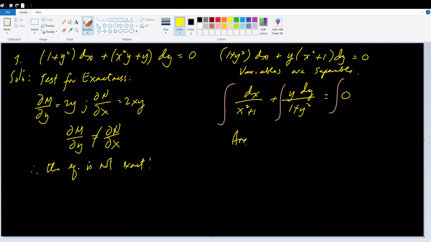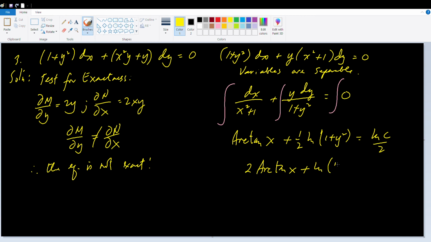This will be arctangent of x plus, this is of the form du over u, so 1/2 ln of 1 plus y squared equal to, we can write here ln of c all over 2. Okay, so this will be 2 arctan of x plus ln of 1 plus y squared equal to ln of c.